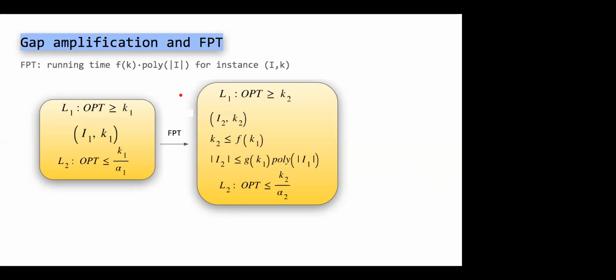And it should also be a parameterized reduction. So the size of the parameter in the new instance should be a function of the initial parameter, and the size of the new instance should be some function of the parameter times a polynomial of the input size. And we'll consider problems where the size of the optimum is also the parameter.